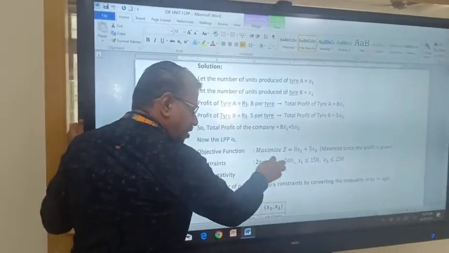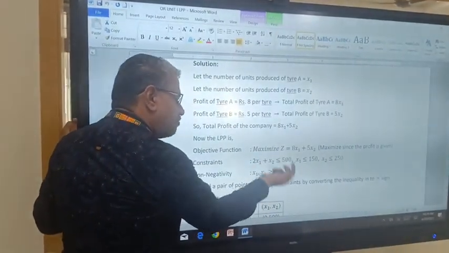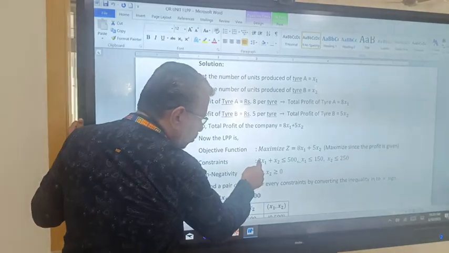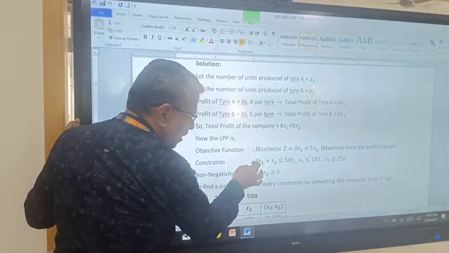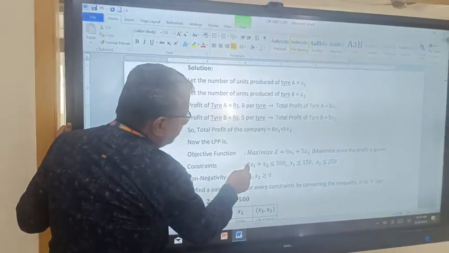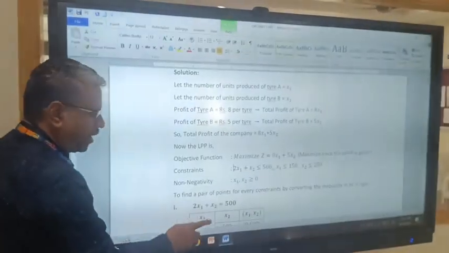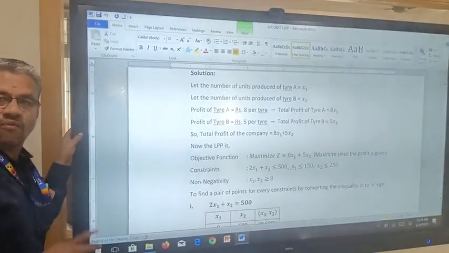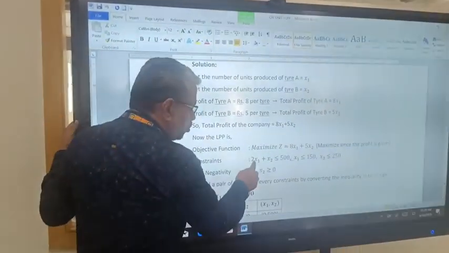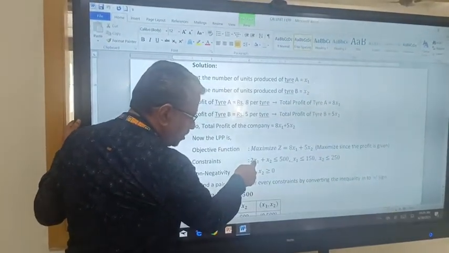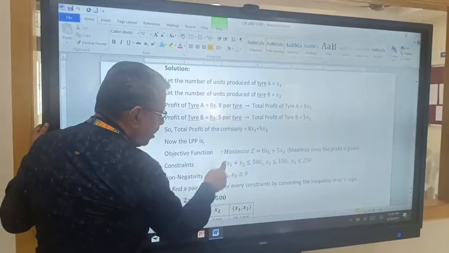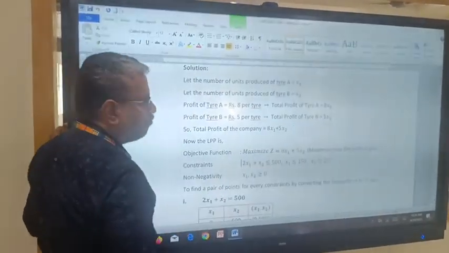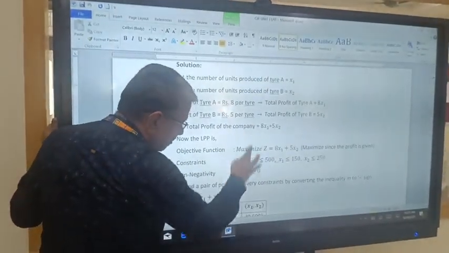Suppose we are taking minutes: 2 minutes will be taken for making one tire A and 1 minute for making one tire B. So 2 into x1, where the total number of tires of type A produced is x1, plus x2, which is less than or equal to 500. 500 is given over there.